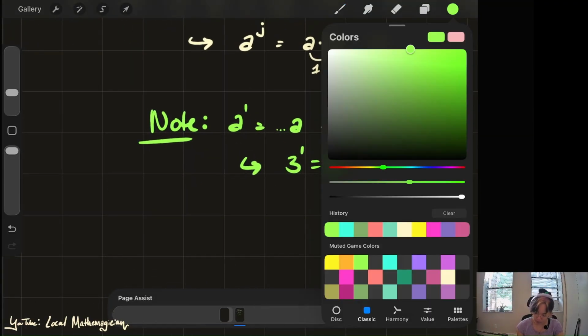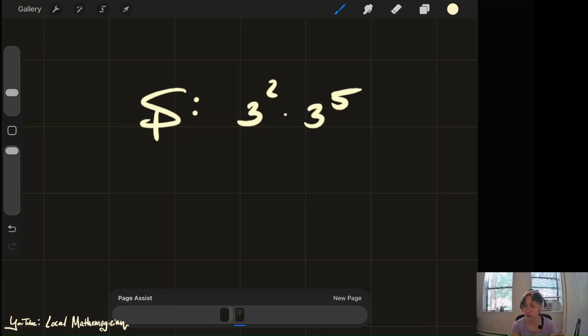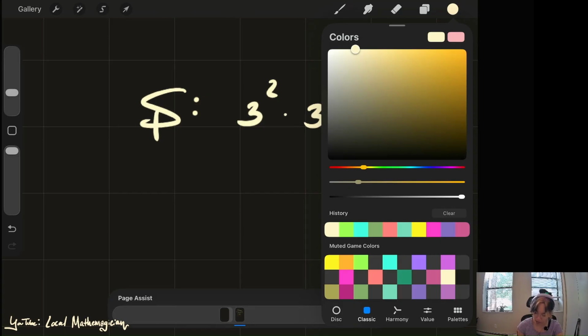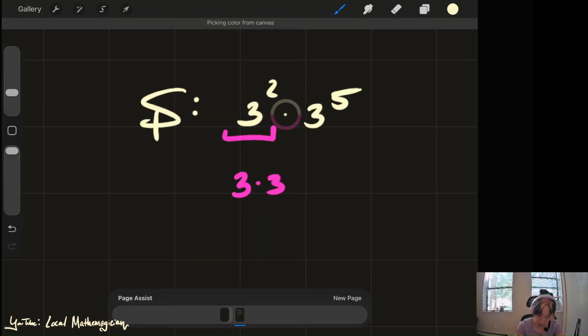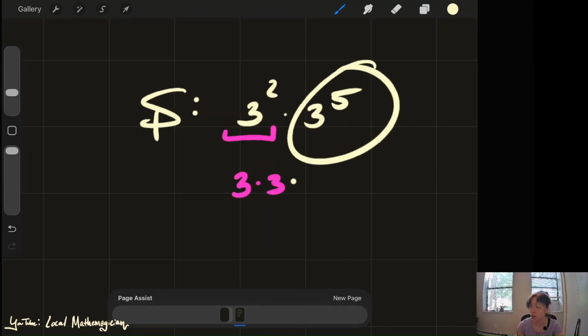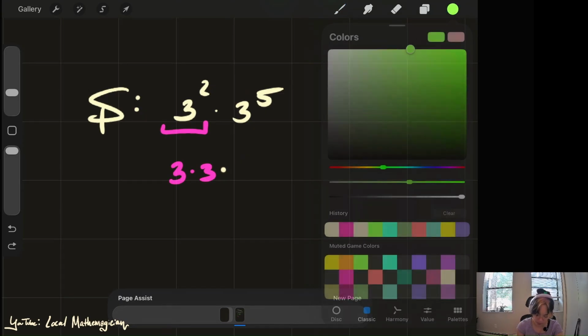Okay. Now, suppose I ask 3 squared times 3 to the fifth, right? If we were to do that, I'll split our piece into 2 sections, right? 3 squared is the same as 3 times 3, and we're going to multiply by 3 to the fifth, which is 3 times itself 5 times, right?